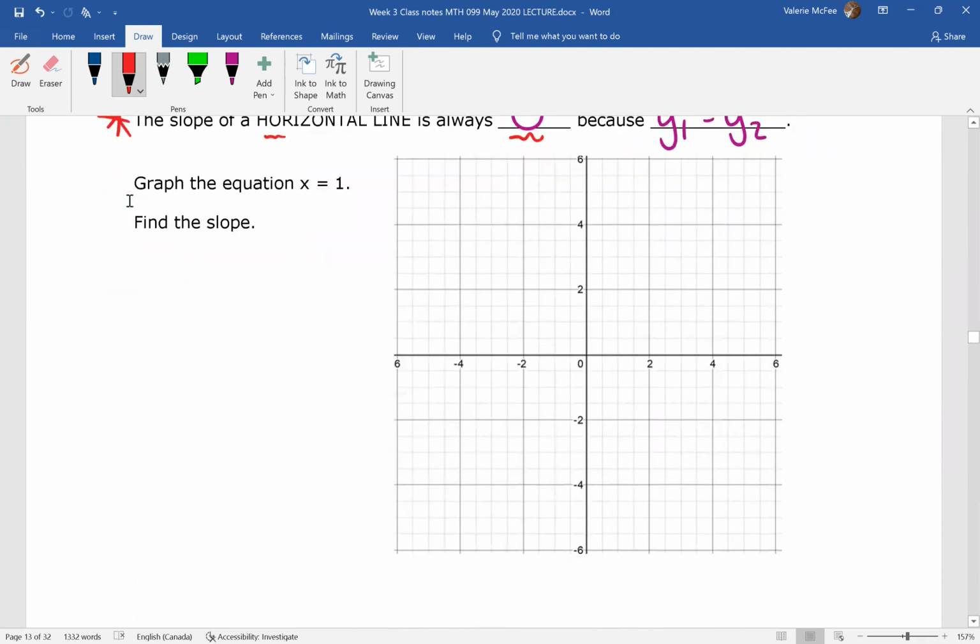Now here's a little test for you. Graph the equation x equals 1. Do you remember what that means? Maybe you want to create a table of values. Pause your video, see if you can graph this line. See if you can list 3 ordered pairs for this line.